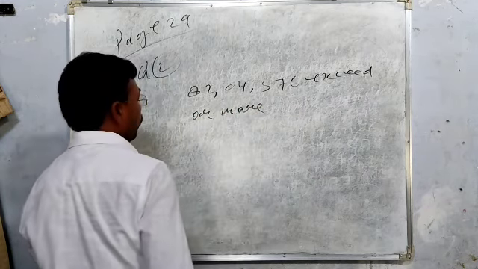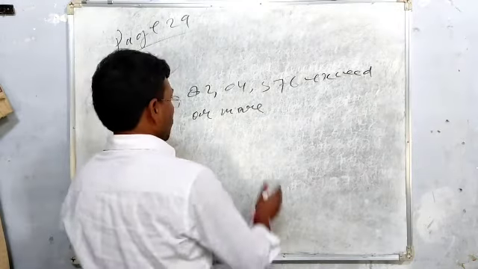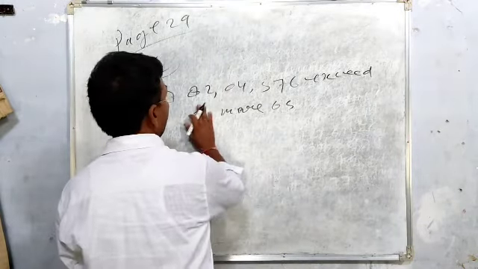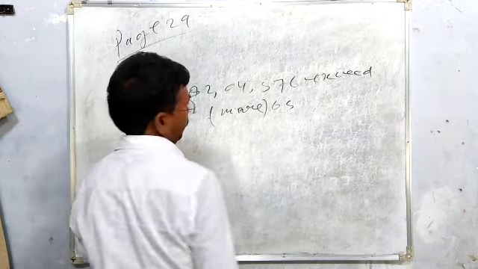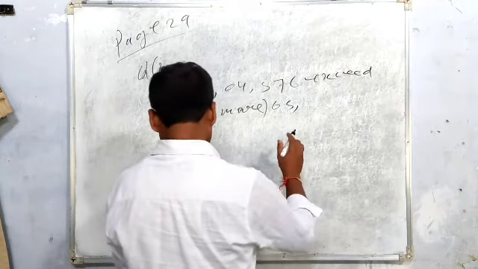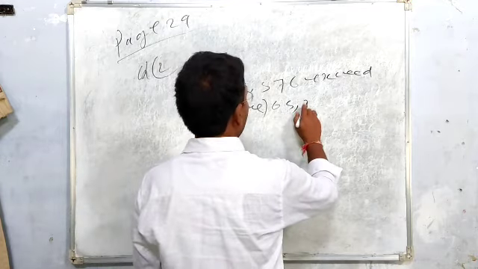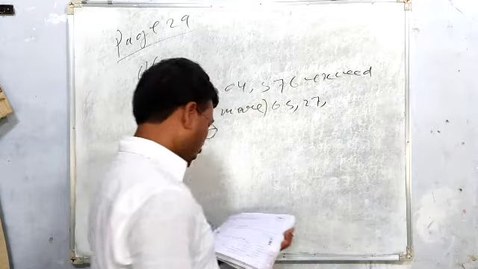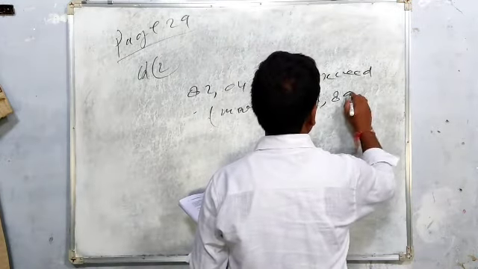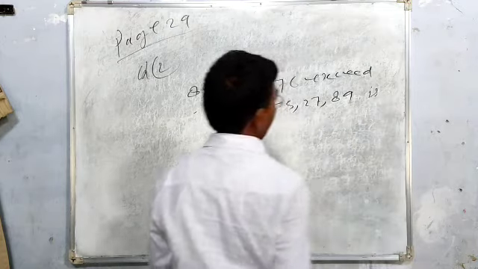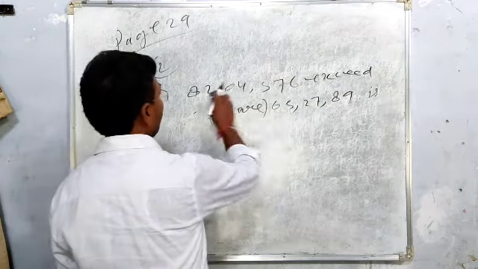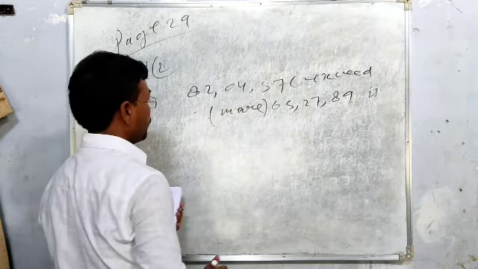Exceed, or more, 65 lakh 27,890 each. In brackets you can write more for understanding. We have to use the operation subtraction here. So subtract this number from this number, first arranging them.